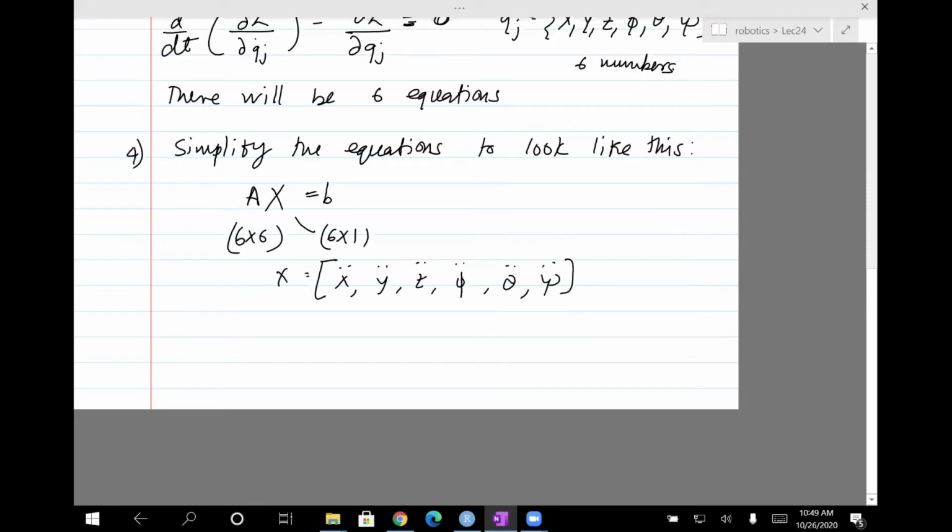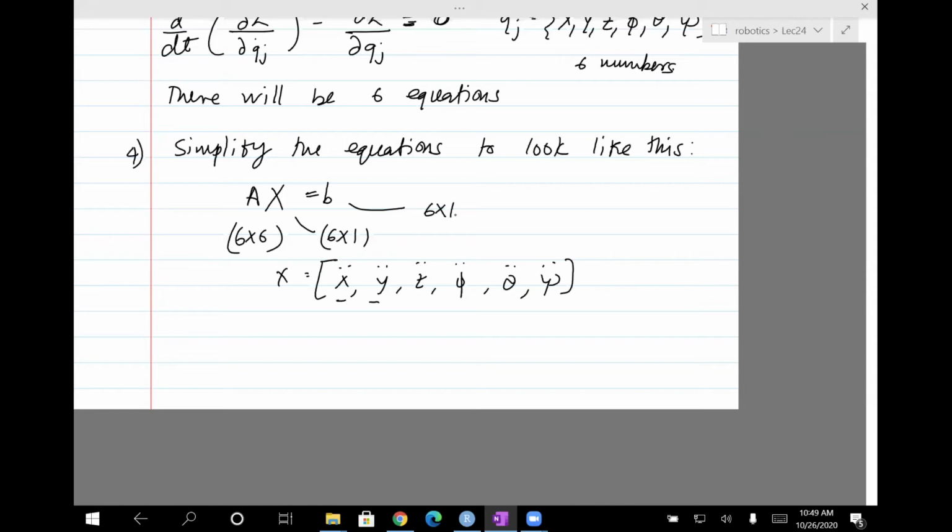So A is basically the components which are linear in x double dot, y double dot, and so on. And then B is a 6 by 1 matrix, and it's going to have everything which is not involving the acceleration. So it will have positions x, y, z, phi, theta, psi, and velocities x dot, y dot, z dot, phi dot, theta dot, and psi dot.